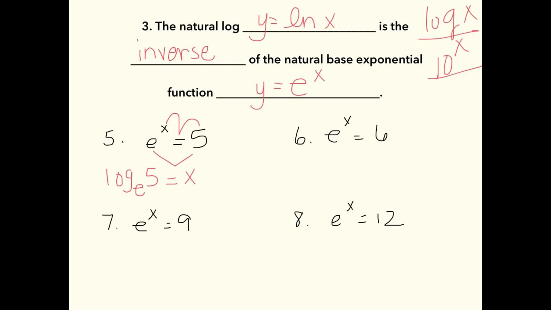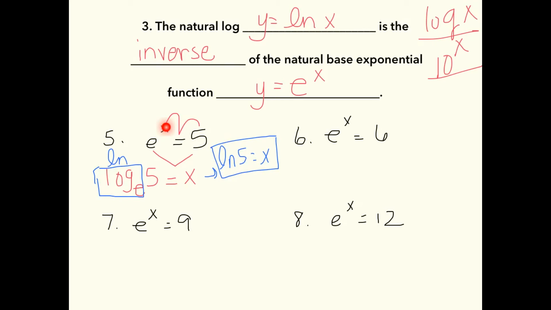Now remember what I said about log base e, that it's a natural log. So then you have ln 5 equals x, or natural log of 5 equals x. That's how you change the form. So e to the x becomes a natural log. See, they're still inverses of each other.